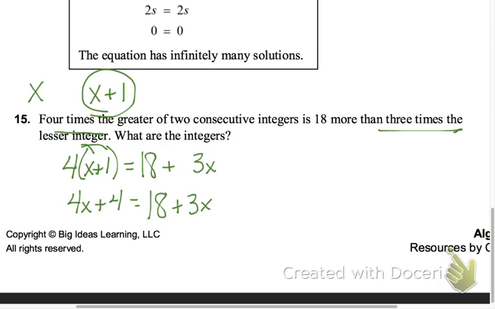So x is equal to 14. So what are my 2 consecutive integers? 14 and 15. Why is it 15? Because what's x plus 1?